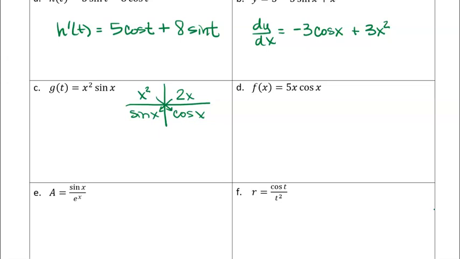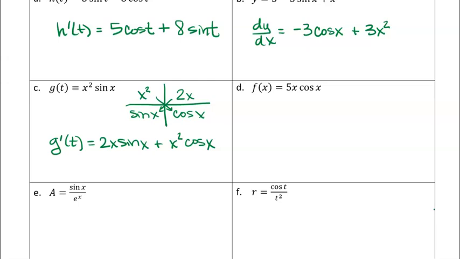So when I do these derivatives, I just think to myself, all right, I'm going to take the derivative of the first times the second, and then plus the first times the derivative of the second. And then I don't bother with the box. So you can choose how you want to do that, but I know initially it helps sometimes to organize your work and think it through, to draw the box.